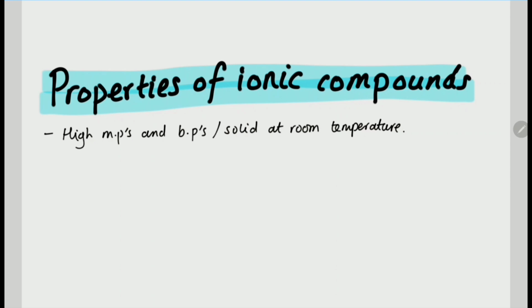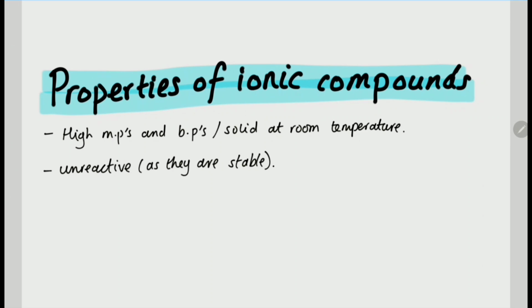So you need to overcome the strong electrostatic forces of attraction between the oppositely charged particles, and this requires a lot of energy. So that's why they have high melting points and boiling points. Another property is that they are unreactive, and they are stable. The ions have a full outer shell of electrons, so they're very stable and therefore unreactive.